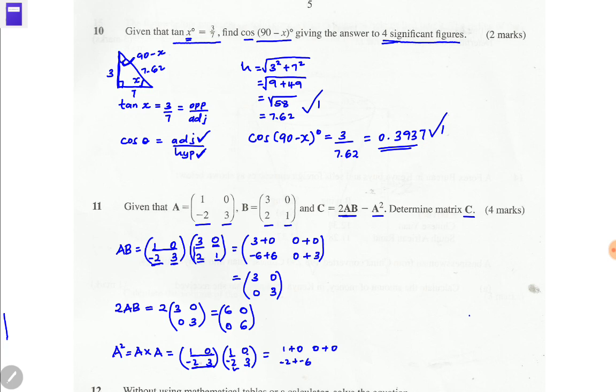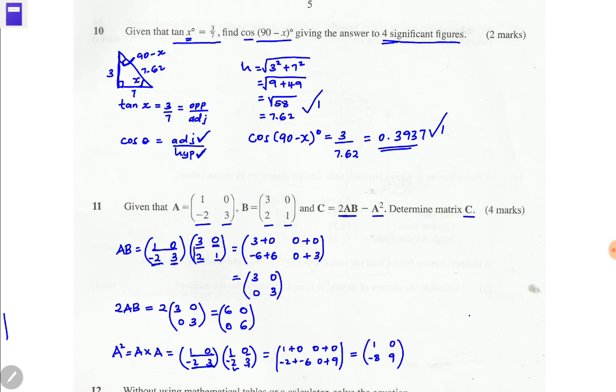Then negative 2 times 0 is 0 plus 3 times 3, which is 9. Adding this, we will obtain A squared to be equal to 1 plus 0 is 1, 0 plus 0 is 0, negative 2 plus negative 6 is negative 8, 0 plus 9 is 9.